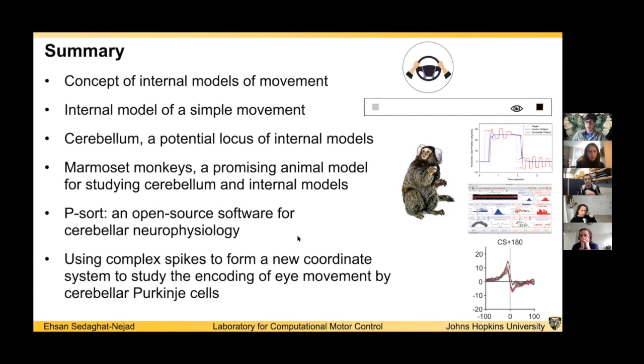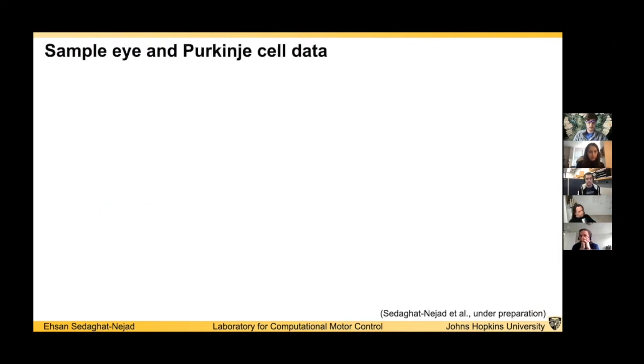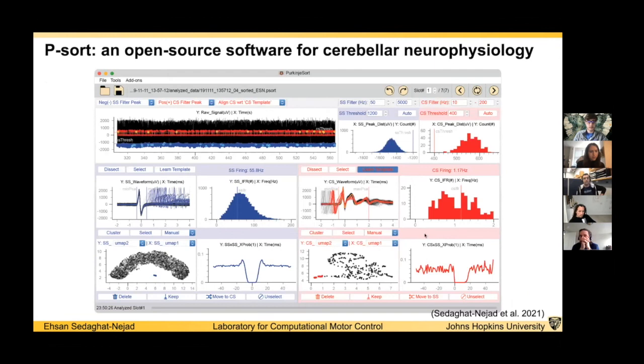Yeah, that's a great question. Let me go back a couple of slides so you can actually see. It's basically a nonlinear dimensionality reduction technique called UMAP. It's a modification of t-SNE, if you have heard of that.